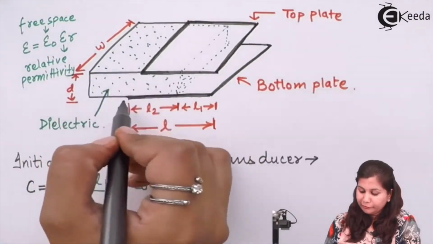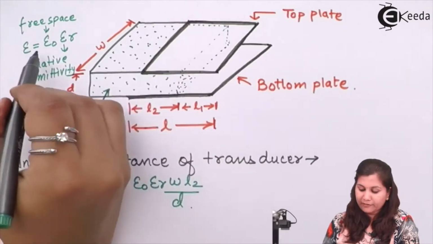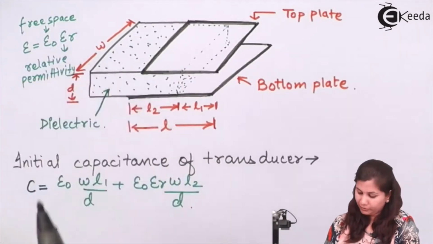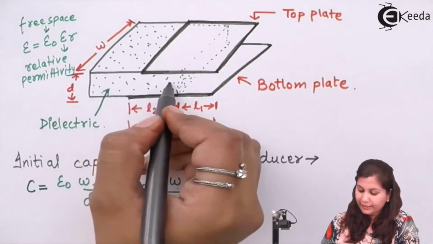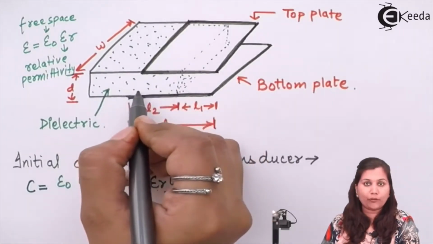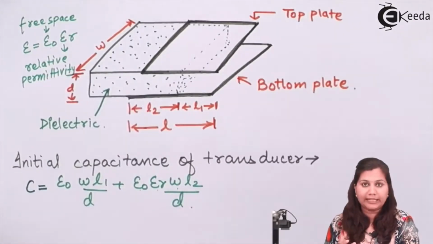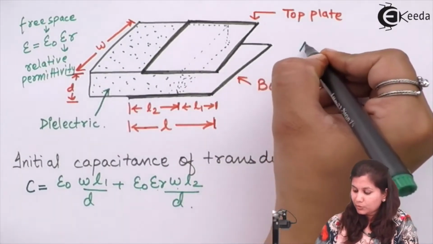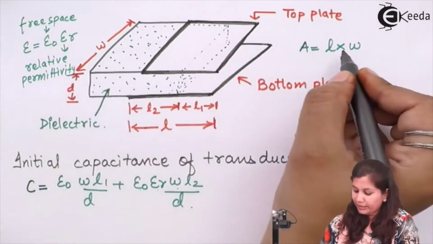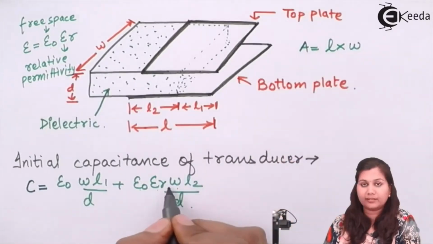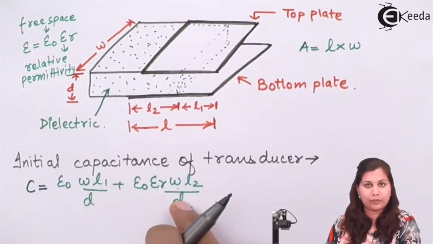So the permittivity of this dielectric medium is given by epsilon naught epsilon r. Here we have written epsilon naught epsilon r W L2, where L2 is the length of the plates, or rather the area, because area is length into width. Length here is L2 and width is W. So for this portion we have the capacitance value as this.